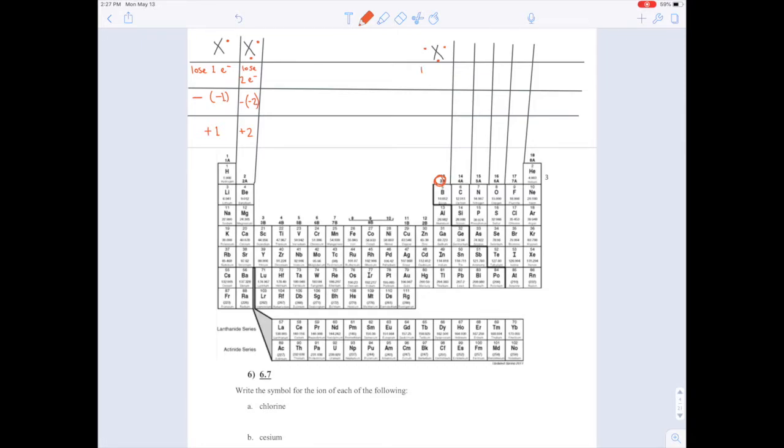Now if you were to translate that into math, lose would be minus 3 electrons. Each electron has a minus 1 charge. If you have 3 of them, that's minus 3. Minus 3 is plus 3. So when anything in the column 3A becomes an ion, it will have a plus 3 charge.